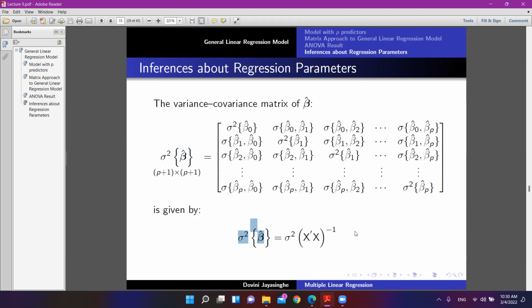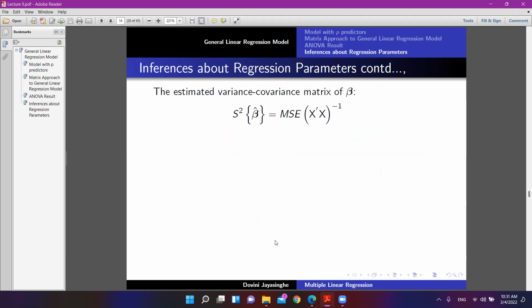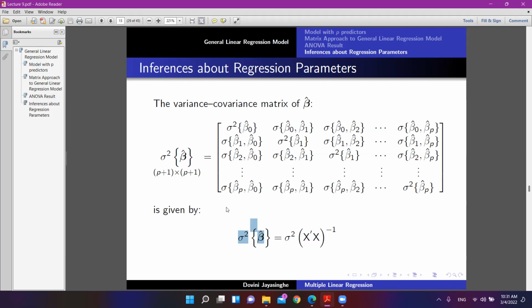It's not just a single variance value. We have p plus 1 betas. So we should have a p plus 1 by p plus 1 variance covariance matrix. All the diagonal elements show you the variances. Off-diagonal elements show you the covariances between each and every beta. So to estimate this, this is the notation. This is the true value.